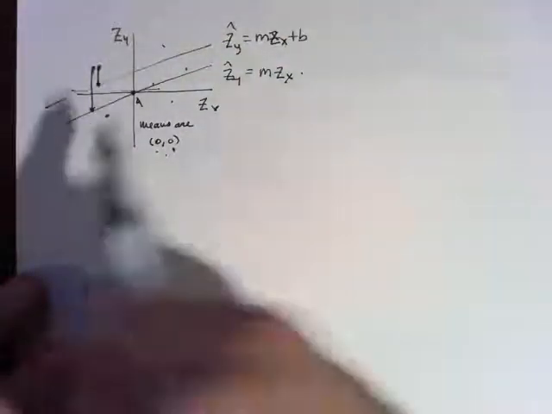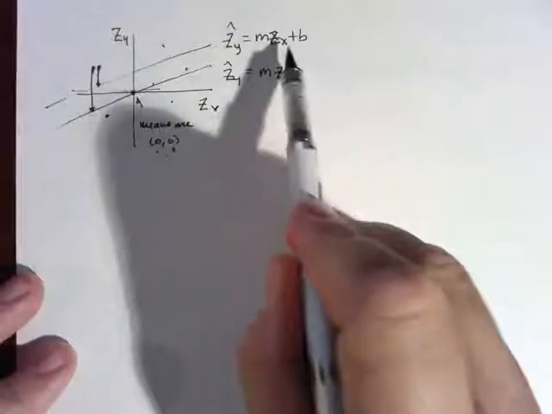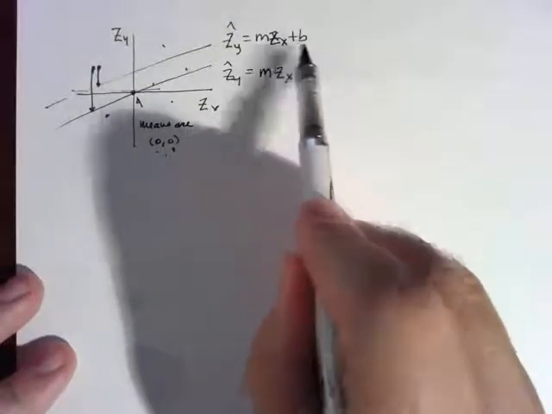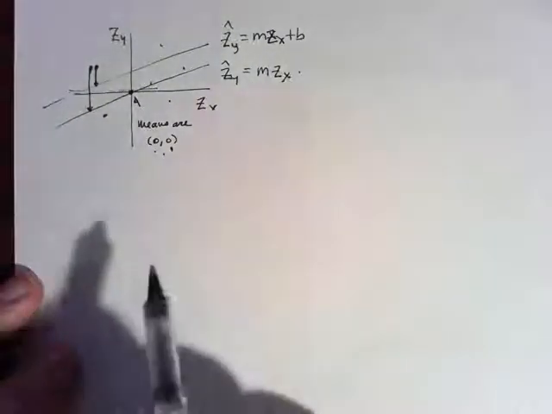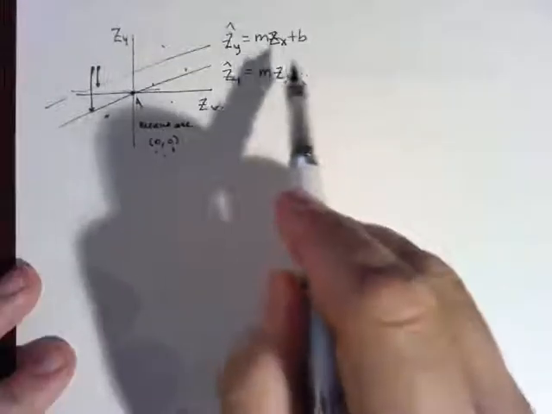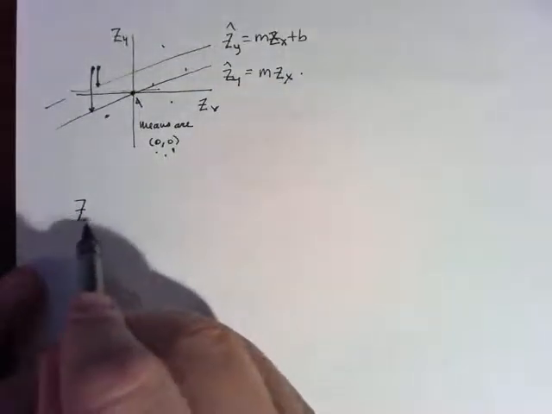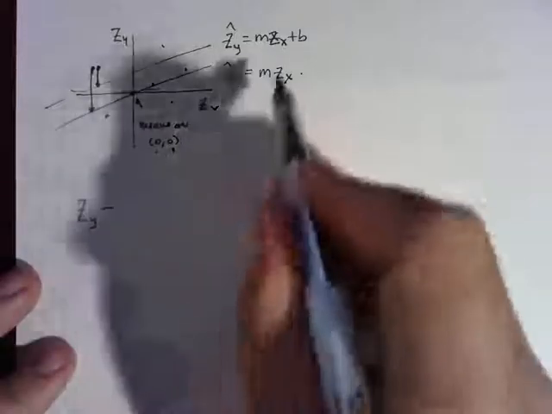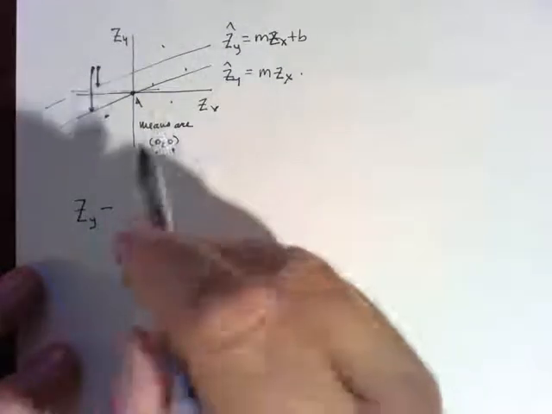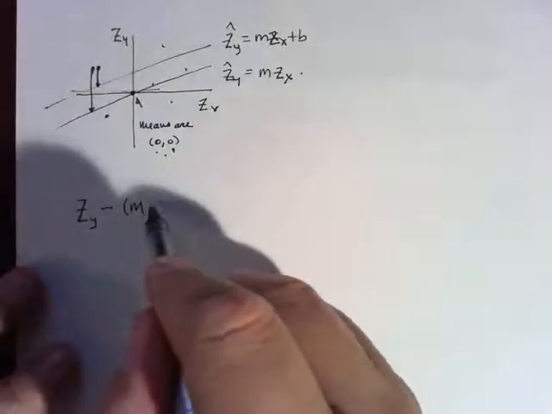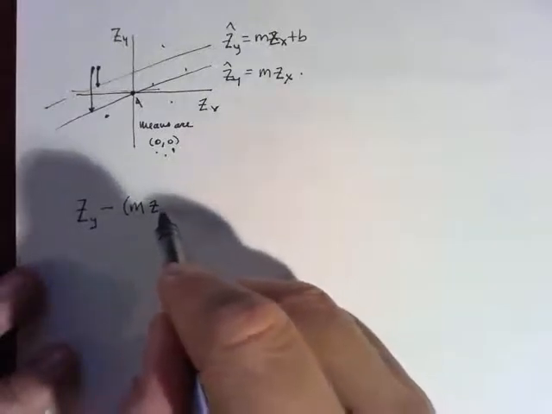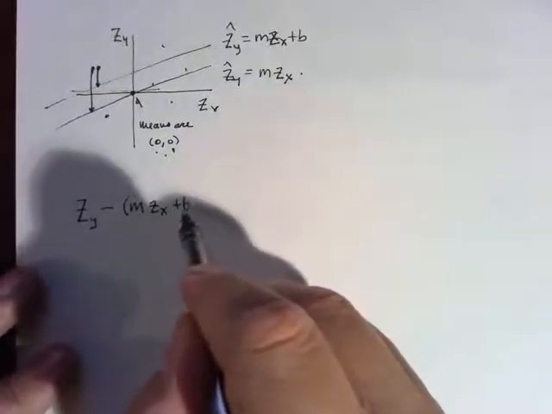So I'm going to compute side by side what a residual looks like here and what a residual looks like if I were to use this line. So here, the residual is my actual zy minus my predicted zy, which is going to be mzx plus b.